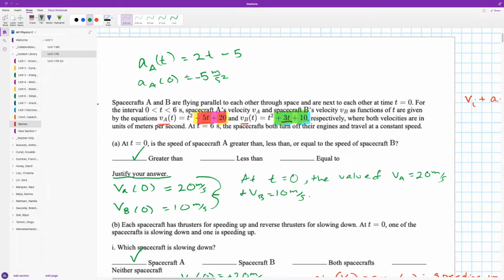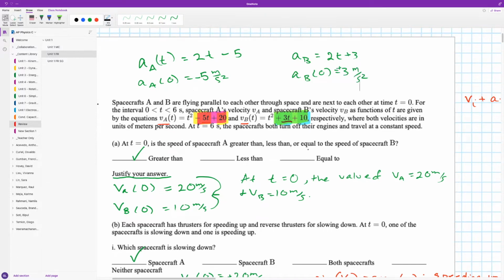That's going to be negative, in contrast to the initial velocity here, which was positive. And then we do the same thing for B. The acceleration of B as a function of time is going to become 2t plus 3, with an initial acceleration of 3 in the positive direction, meters per second squared.